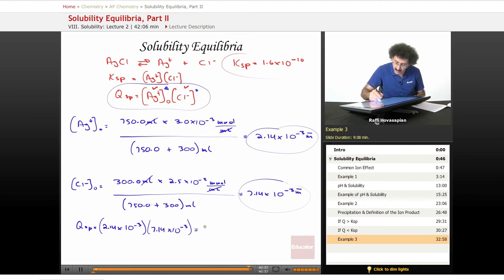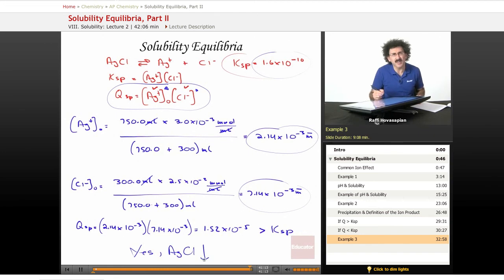That equals 1.52 times 10 to the negative 5, which is definitely bigger than the KSP, which is 1.6 times 10 to the negative 10. So yes, AgCl, a little arrow pointing down, is an old symbol for a precipitate, will precipitate.